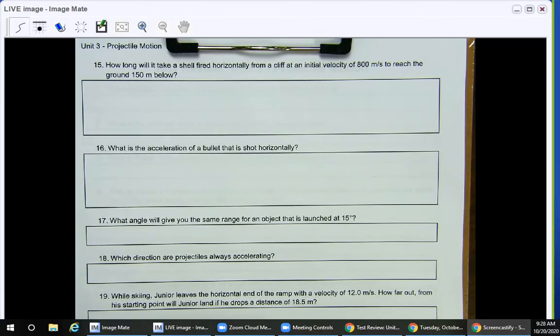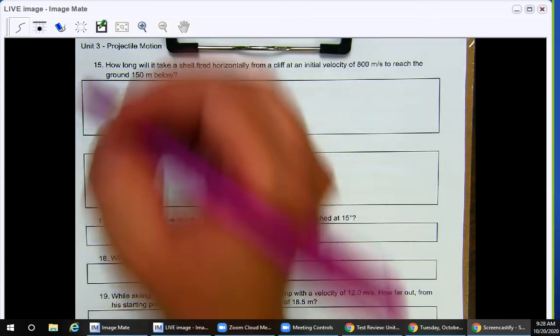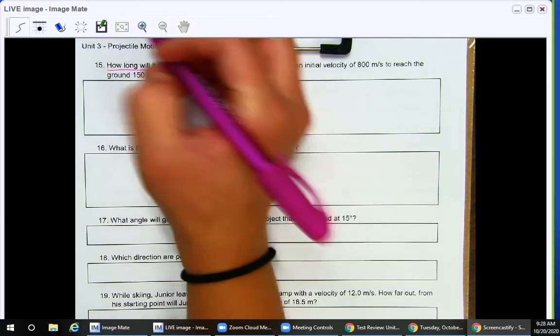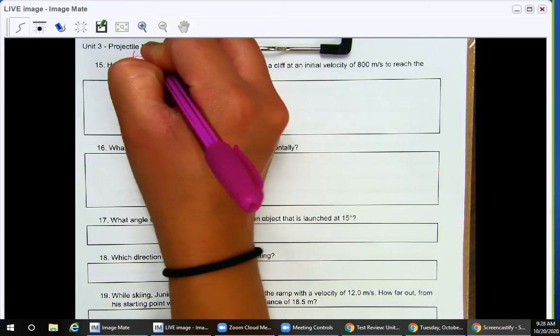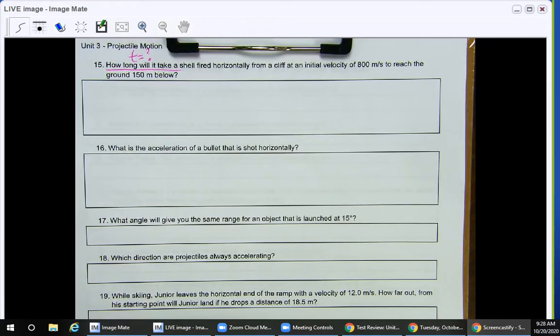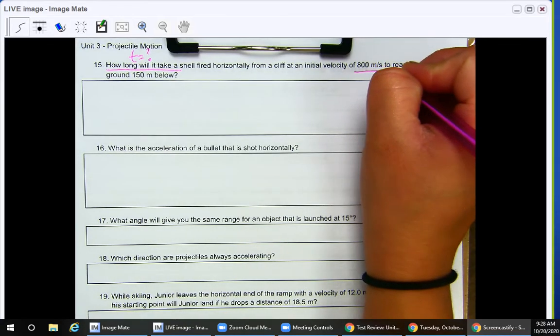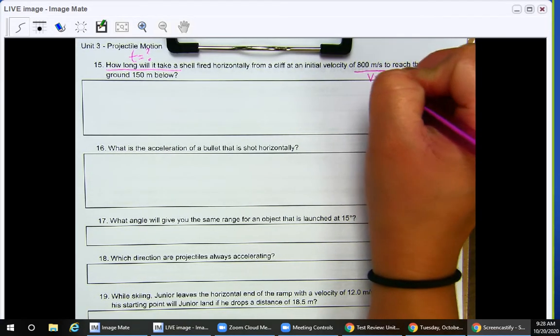How long will it take a shell fired horizontally from a cliff at an initial velocity of 800 meters per second to reach the ground below 150 meters? So we're looking for how long it will take. That means we're looking for our time. We know that the initial velocity is 800 because it told us so.